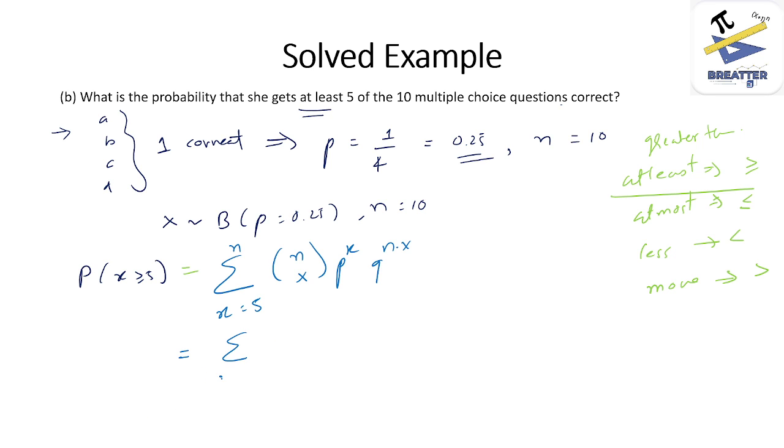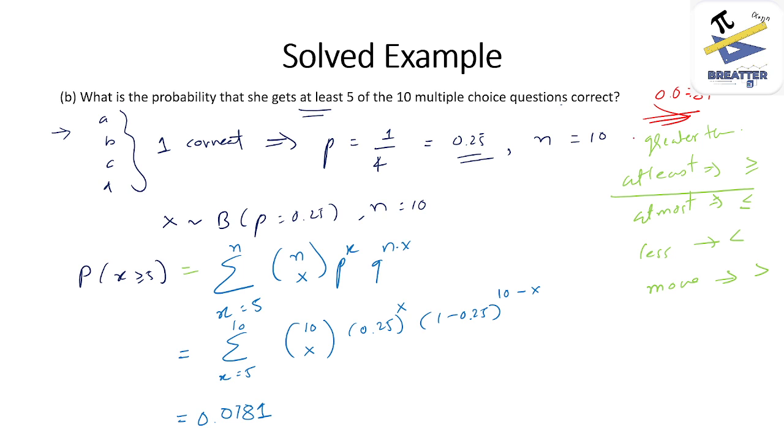So that implies x equals 5 to 10, 10Cx 0.25 raised to x into (1 minus 0.25) raised to 10 minus x. If we simplify, we get the final answer as 0.0781. So the probability that she gets at least 5 of 10 questions correct is nothing but 0.0781, which we found through binomial distribution.